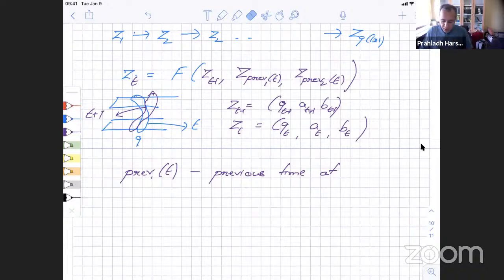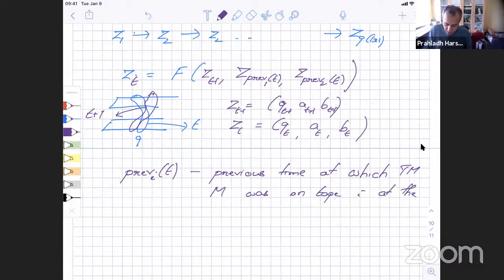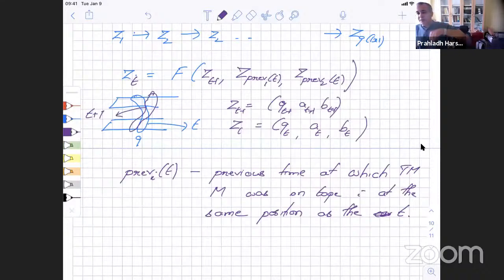So prev 1T is the previous time at which the Turing machine was on tape I at the same position as time t. So this is the previous time at which you were at the same place.